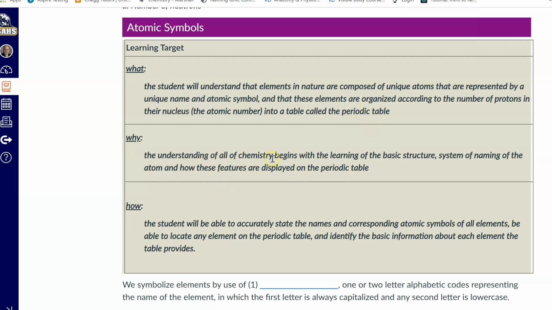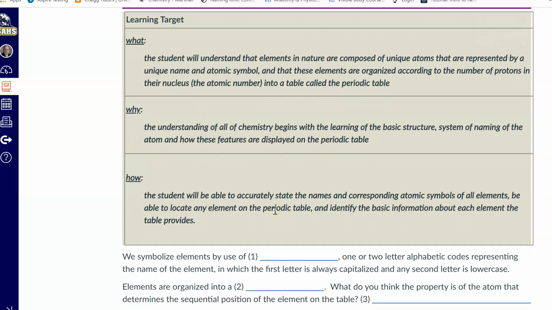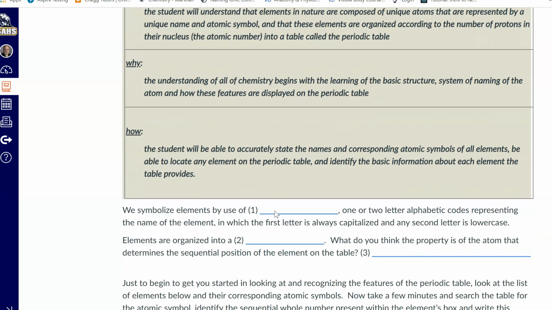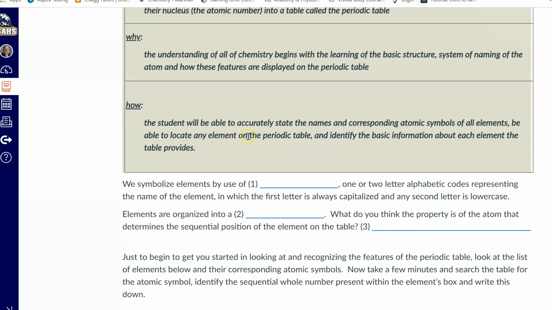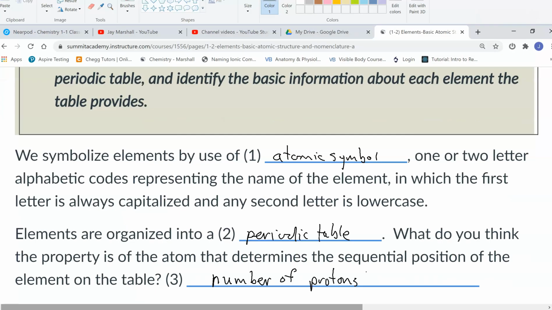The reason that we're going to do this is that this is foundational. All of chemistry begins with learning of the basic structure of atoms and the system of naming and how these features are displayed on the periodic table. So you will be able to accurately state the names and corresponding atomic symbols of all the elements, and be able to locate any element on the periodic table and identify the basic information about each element that the table provides.